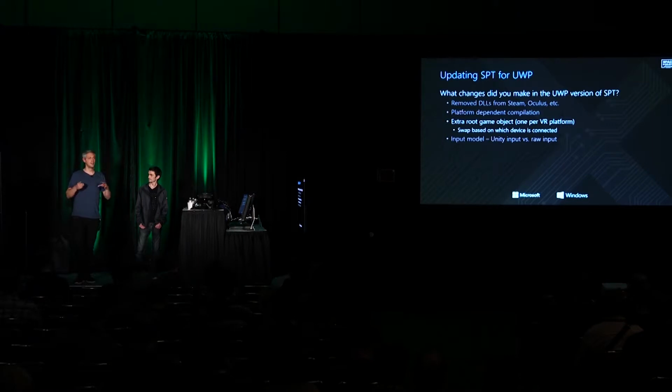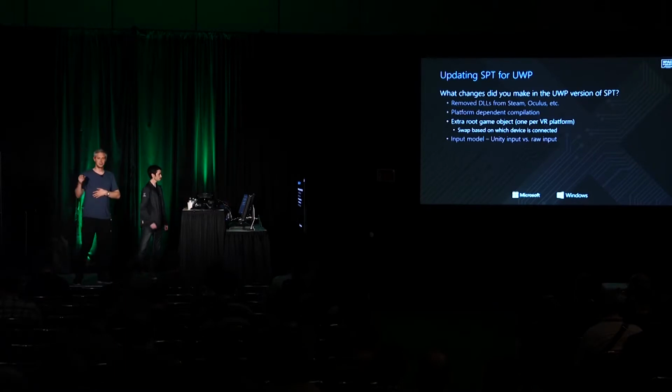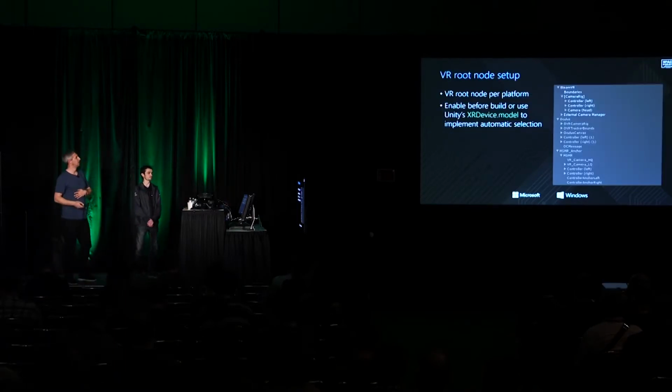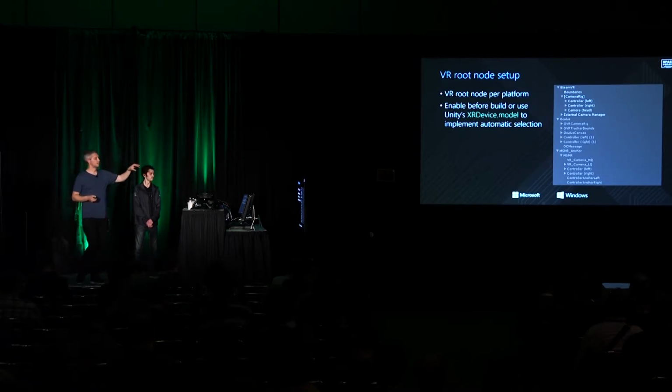Since you wanted a big project that was compatible with all those platforms, we just needed to change the project within a few minutes to another version. We wanted to keep it in the same scene, so we had this kind of setup. We had root nodes, one for Steam VR, one for Oculus, one for Microsoft Mixed Reality, and you see they're all alike.